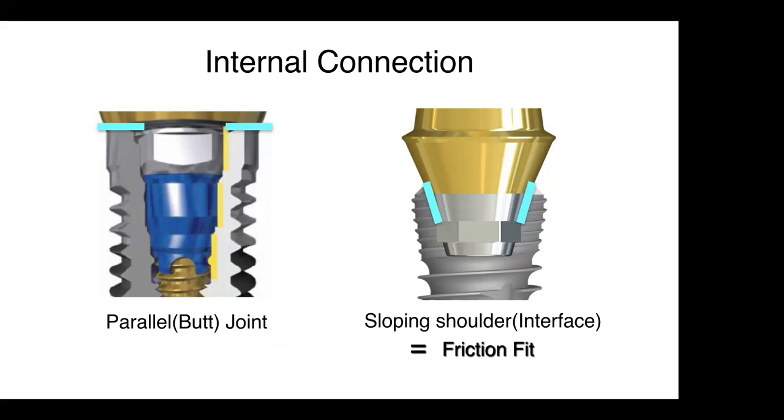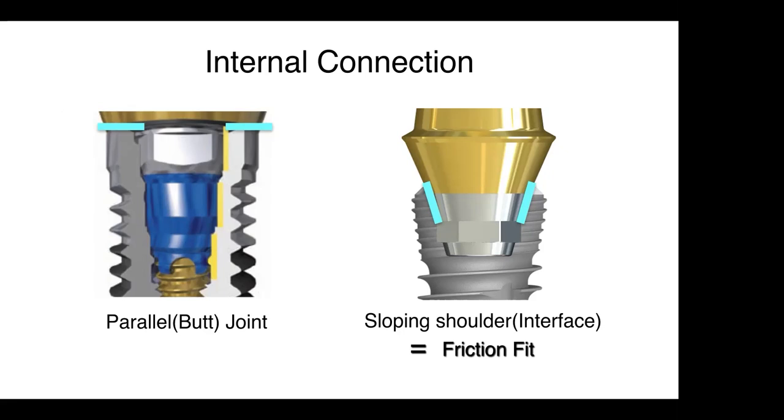The one on the left is non-friction type because it's got a flat platform where the abutment and the top of the platform of the implant meet together, which is basically a butt joint. To make sure of the seating at the interface, you have to have some gap inside. Even though this is an internal connection, there's a gap.